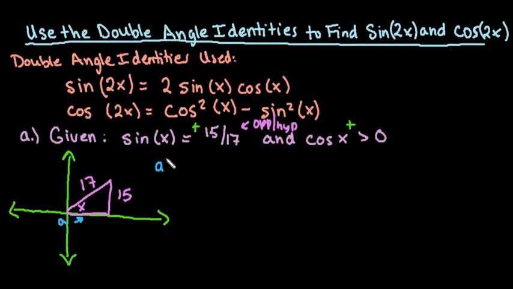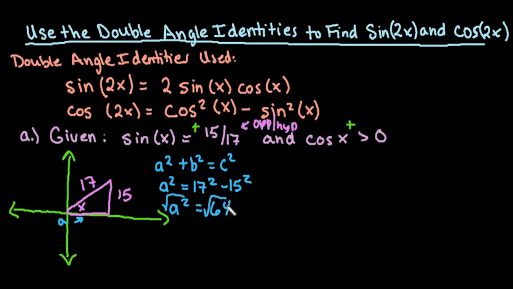So we would just use the Pythagorean Theorem, a squared plus b squared equals c squared. And since I'm solving for a, I can move the b squared over, so I really have a squared is equal to 17 squared minus 15 squared. If we simplify this, 17 squared minus 15 squared does give us 64.